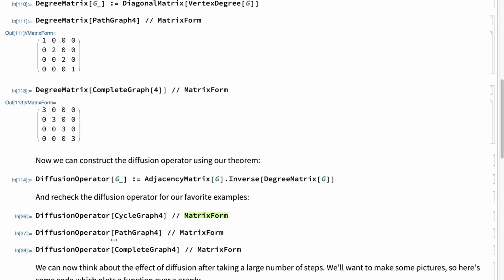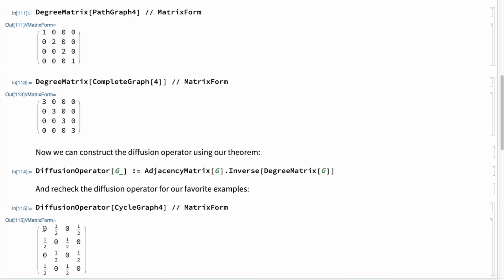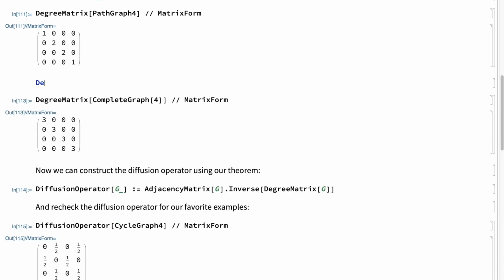So for the cycle graph, we have this diffusion operator. It's just like the adjacency matrix, but with 1/2 instead of 1s. That's because in the cycle graph, remember, every vertex has degree 2. Let's just take a look at the degree matrix of cycle graph 4 in matrix form.